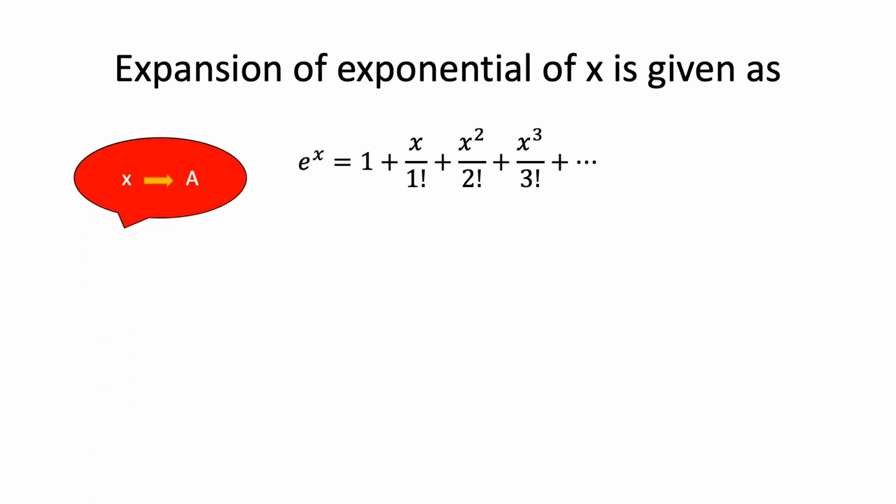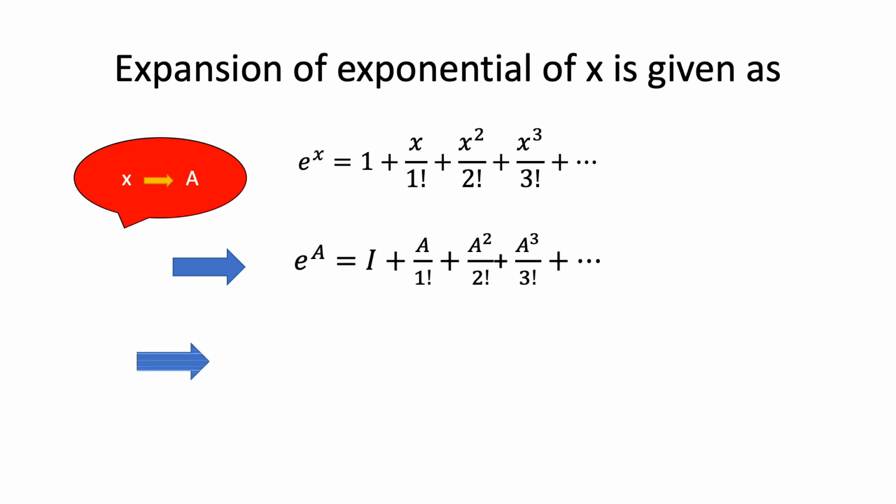And if we replace x by a matrix A of order n by n, it will be equivalent to e to the power A equal to I, the identity matrix of order n cross n, plus the same series with all the x replaced by A. And if we take the transpose of both sides, e to the power A dash, I am representing the transpose with a dash here. A symmetric matrix is a matrix that is equal to its own transpose. So e to the power A dash is equal to, we are taking the dash on both sides.